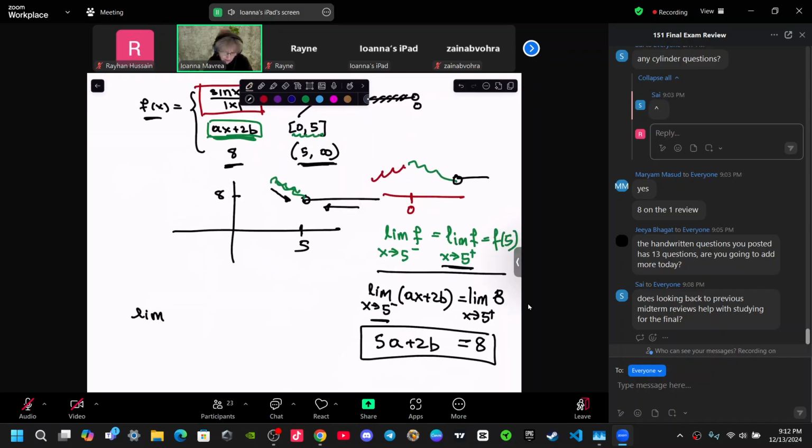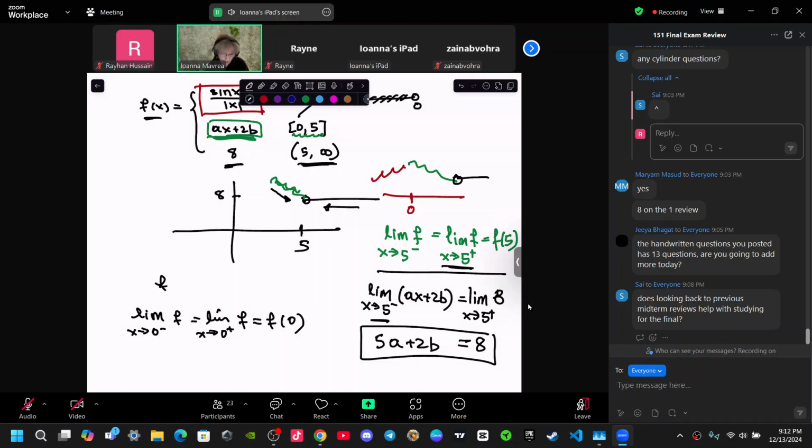That means the limit as x goes to 0 from the left must be equal to the limit as x goes to 0 from the right, and that has to be equal to f of 0. Please write limits. You can't just go ahead and plug in.